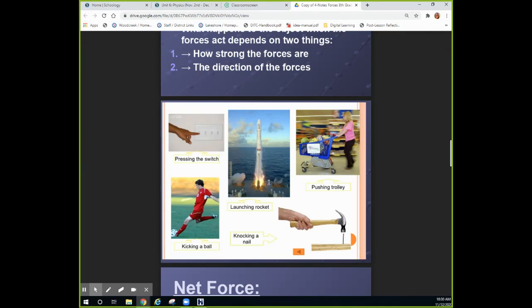Think about the force of gravity pulling that large rocket down to the ground, and then the force of this explosion right here, how much greater that has to be to push the rocket up. So we have multiple forces acting here, but the force coming from the explosion and the smoke is greater than that of gravity, so the rocket is moving up.